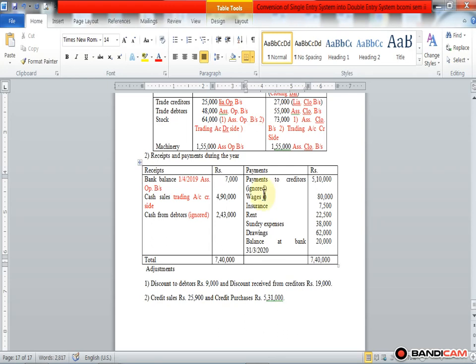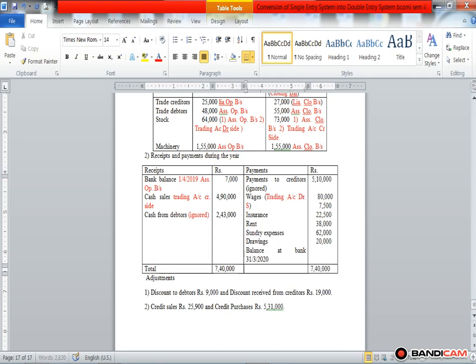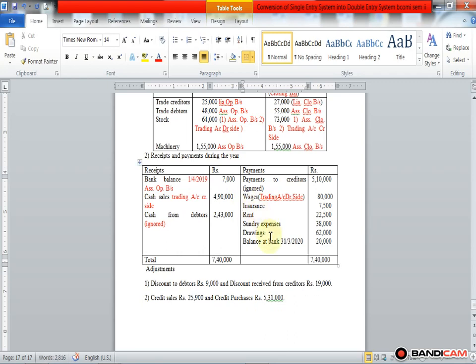So here the wages is posted to the trading account debit side. Okay, got it? Trading account debit side 80,000.